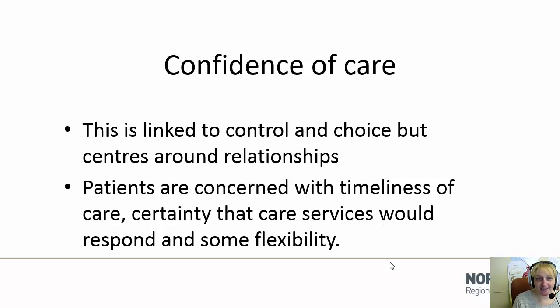This is very ideal, and it would be nice, but it doesn't work like that, because sometimes nurses don't like the doctors, and nurses think that the physios aren't any good.